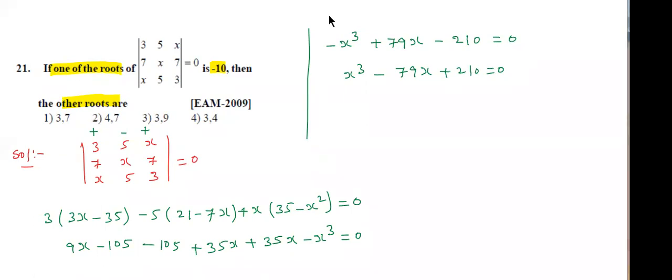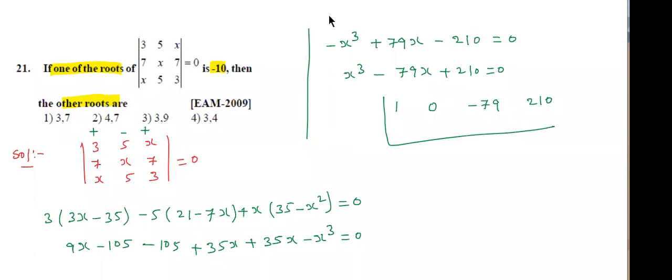Okay. Now one of the roots is already given as minus 10. Then how do we find the remaining two roots? You know Horner's method: the x cube coefficient is 1, x square coefficient is 0, x coefficient is minus 79 and the constant is 210.